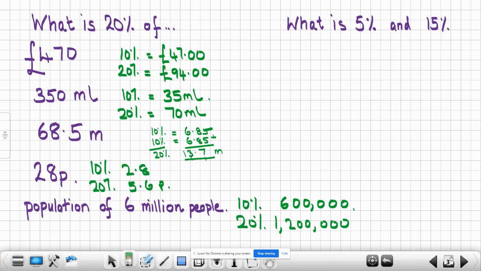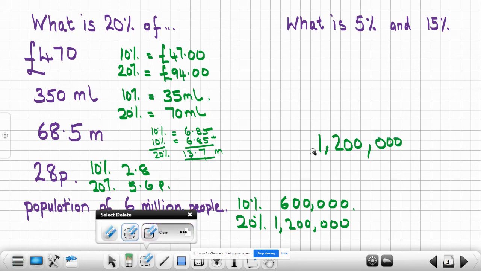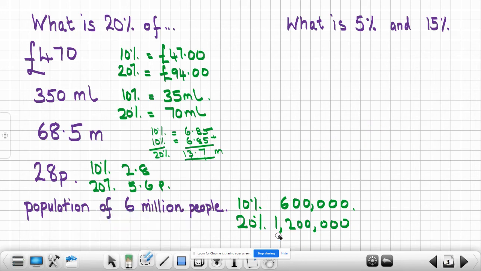You can write either. Commas is what comes naturally to me, but I try to avoid writing them too often, because sometimes as I get scruffier, they start looking a little bit like a 1. So spaces is probably better. Okay, so that's 20%. Because we can find 10% easily, we can double it, and that will give us 20%.